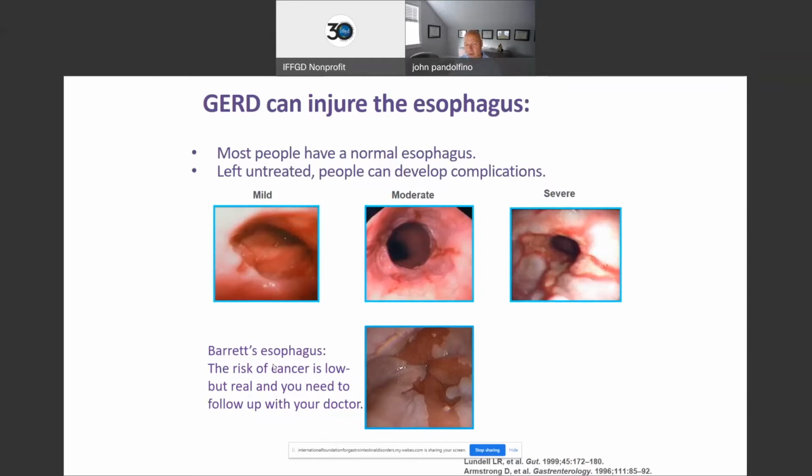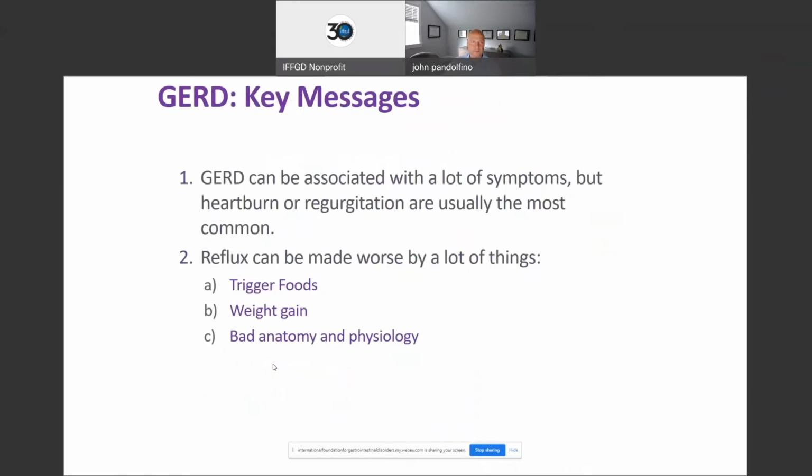Because if we diagnose Barrett's esophagus, you're not going to die of esophageal cancer, because we're going to keep an eye on you, and we're going to do surveillance endoscopy. If we ever see anything that's bad, we're going to take care of it. So it's really important to remember that even if you get that diagnosis, don't be disheartened, because we can survey you and protect you from getting esophageal cancer.